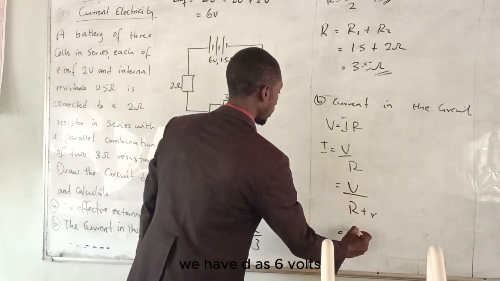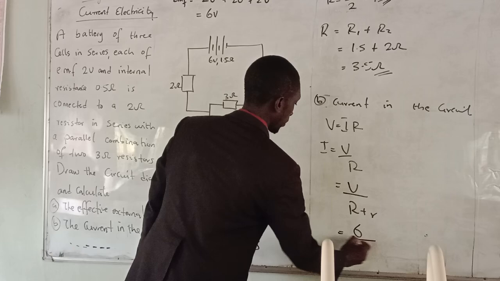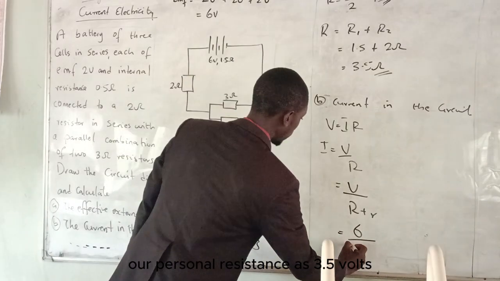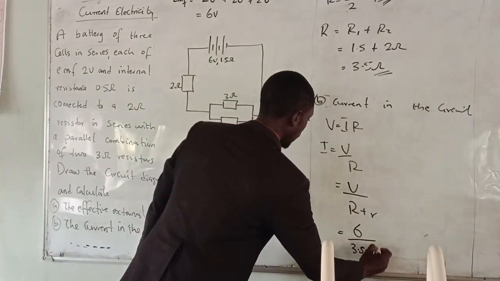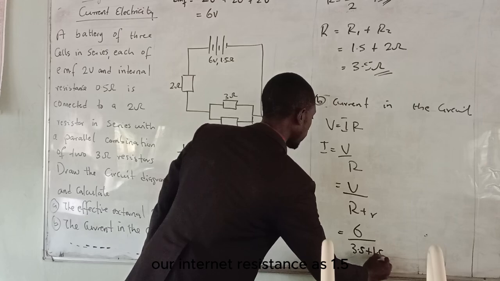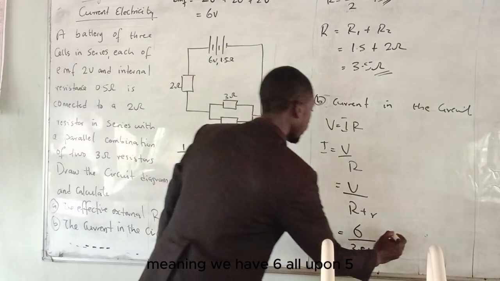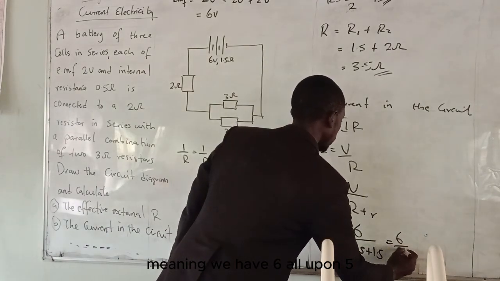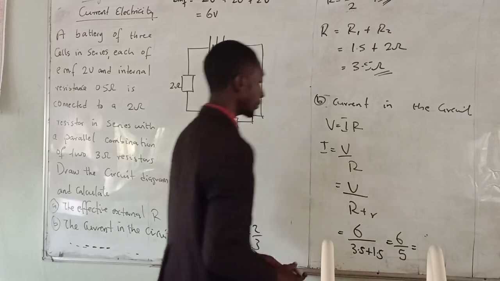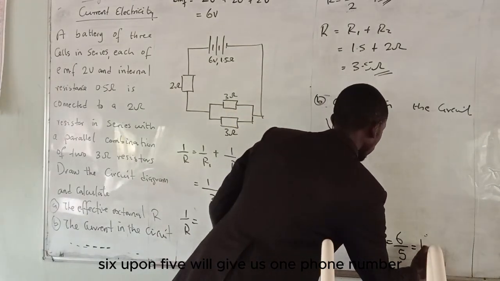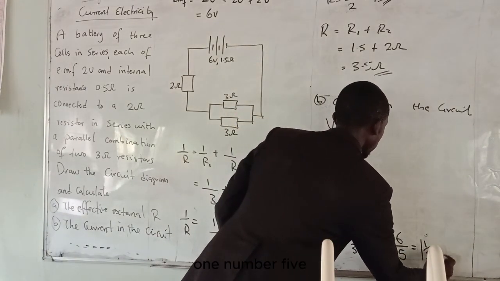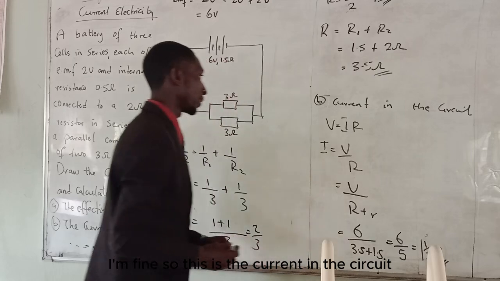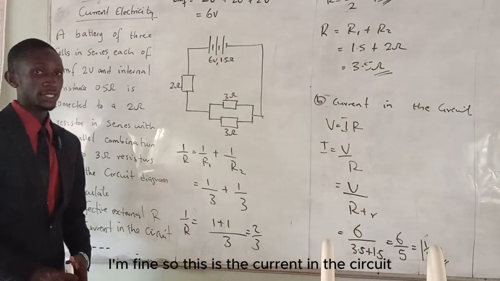So we have V as 6 volts, our external resistance as 3.5 ohms, our internal resistance as 1.5 ohms, meaning we have 6 upon 5. 6 upon 5 will give us one whole number, 1 over 5 amperes. So this is the current in the circuit.